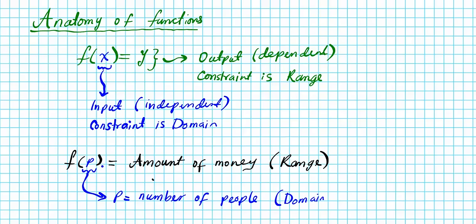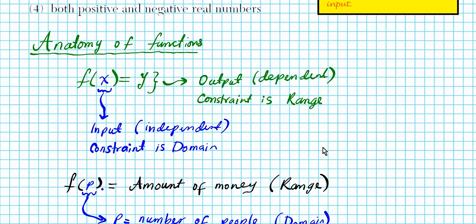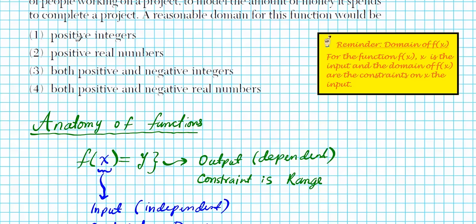All right, so in this problem, we're looking at what are the constraints, what is reasonable when you're determining the number of people to accomplish a certain task. Okay, so we're looking at P, the number of people. These are the options we have here: positive integers, positive real numbers, both positive and negative integers, both positive and negative real numbers.